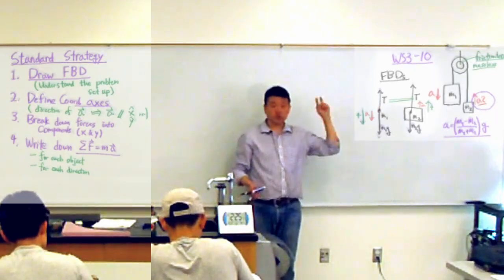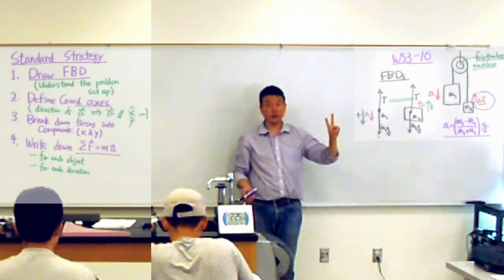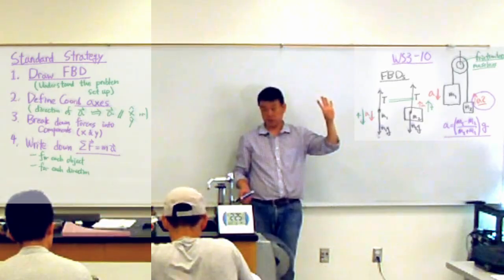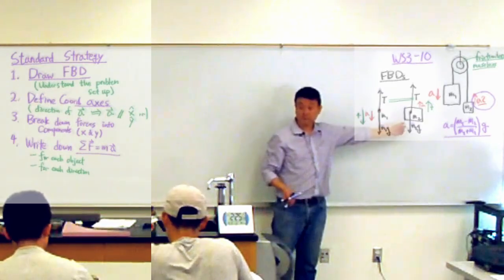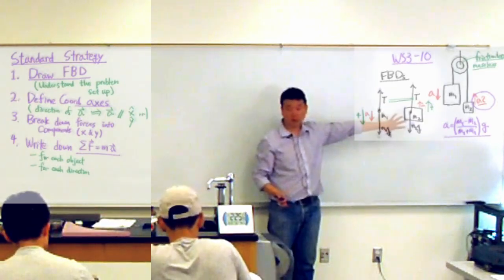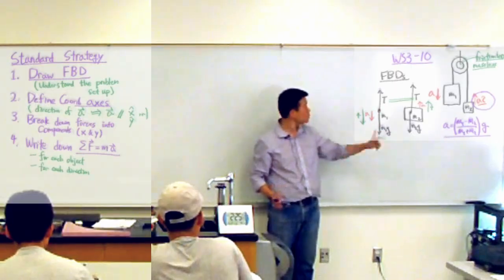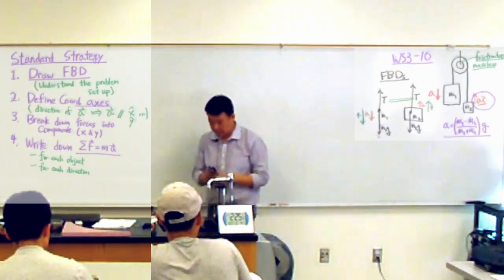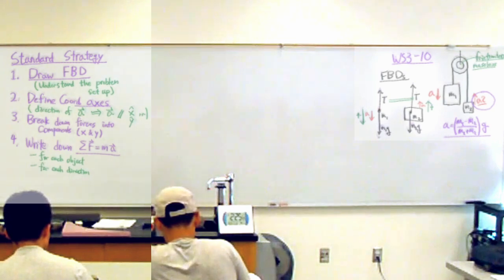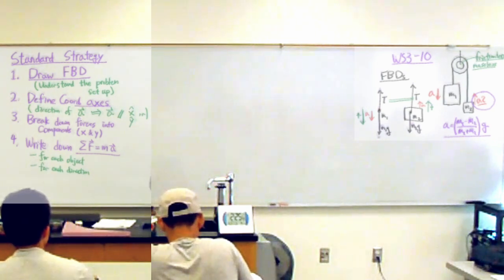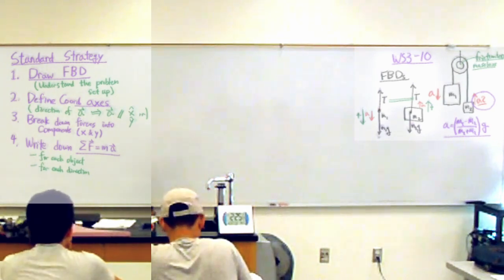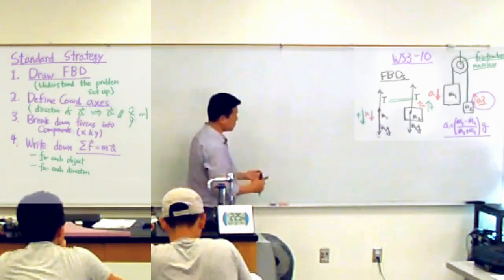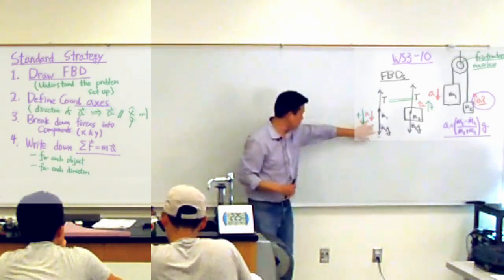If this was a two-dimensional problem, I would be writing down a total of 4 equations: 2 for this and 2 for that. But this is a one-dimensional problem, so I can get away with only 2 equations: 1 for this and 1 for this. So let me write down the set of equations so that now I have a place to start as I do my problem solving. So let's start out with one.